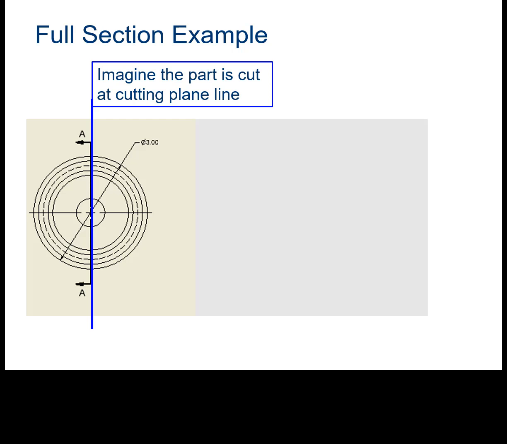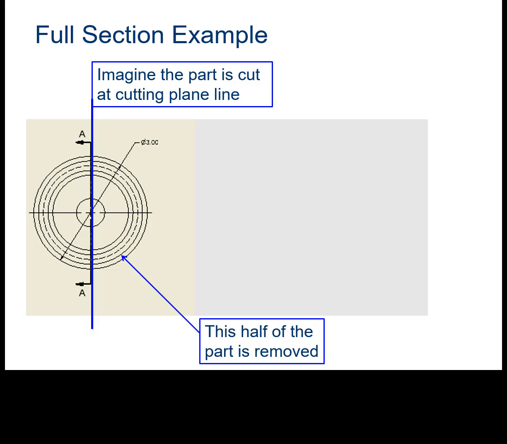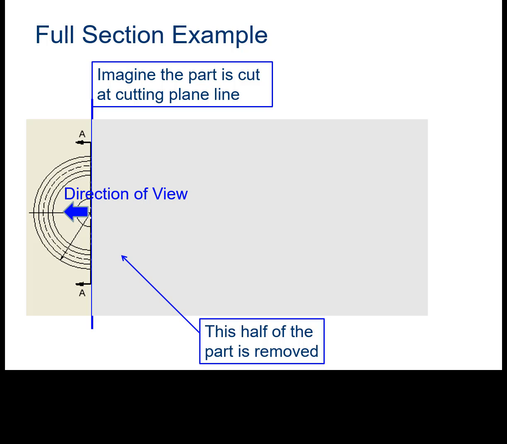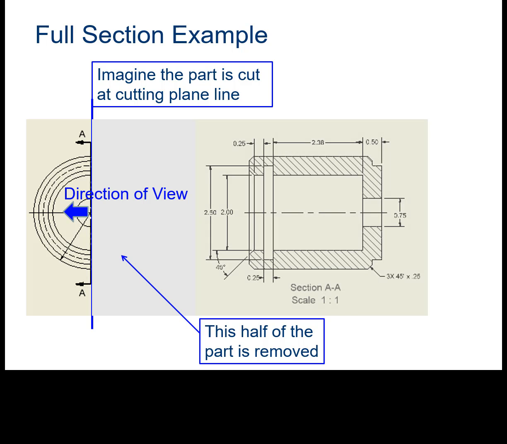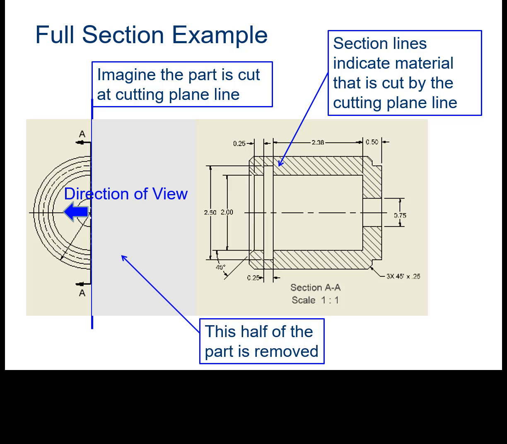So we're cutting it along that dark blue line, or the AA line. This part is going to be removed. We're going to be seeing this portion on the left, and then once it's rotated so that we can see that interior part, this is what the inside of this particular object is going to look like.